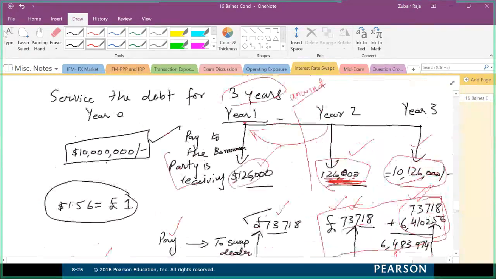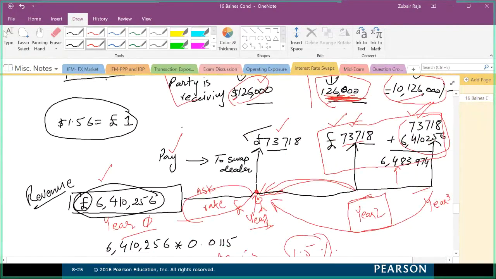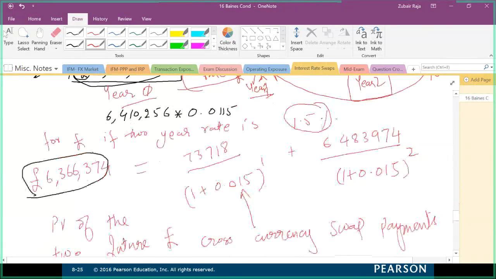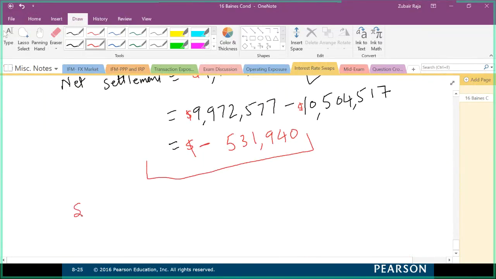When they agreed in the start, what was the rate? 1.56. $1.56 per pound. And when they unwind, at that time, the pound actually appreciated to 1.65, right? So it has gone up, the pound appreciated.